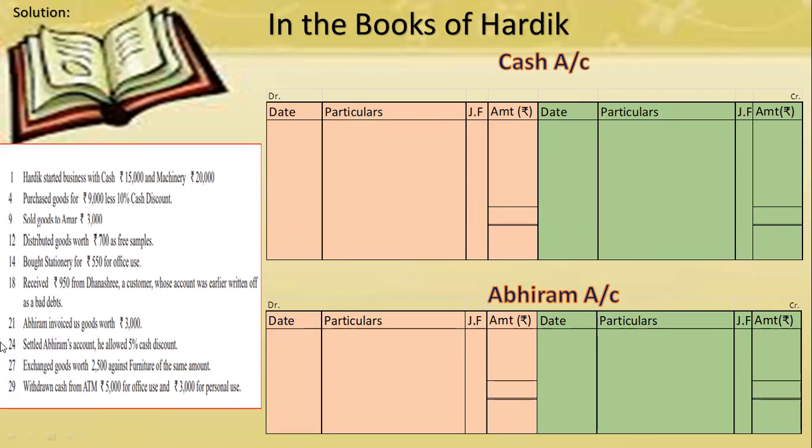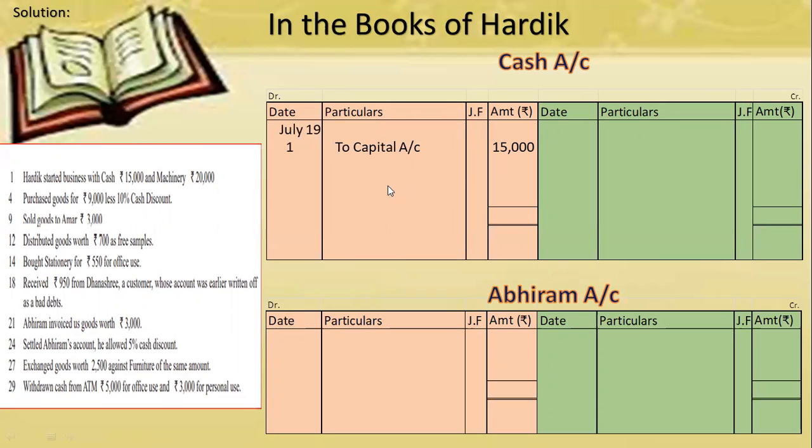So it is posted in cash account debit side, rupees 15,000 as capital to capital account. As we have drawn only cash account, the cost of machinery would be stated in machinery account. Next transaction, purchased goods for rupees 9,000 less 10% cash discount.